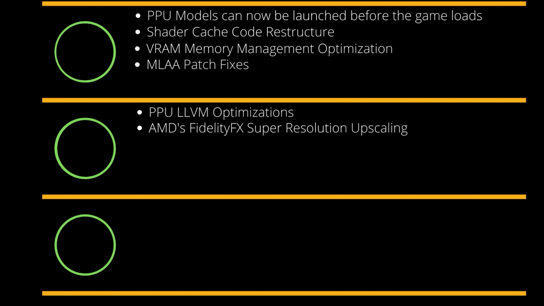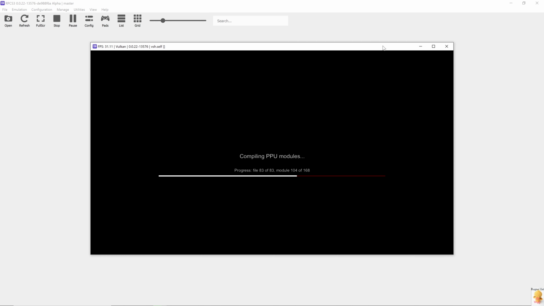After that, we have VSH XMB boot. In July 2021, this feature was added in RPCS3 by their amazing team. Now you can boot up the actual PlayStation OS. Kind of. The screen that you saw when you booted up your PS3, that's what you're gonna see here. I'll actually show you.